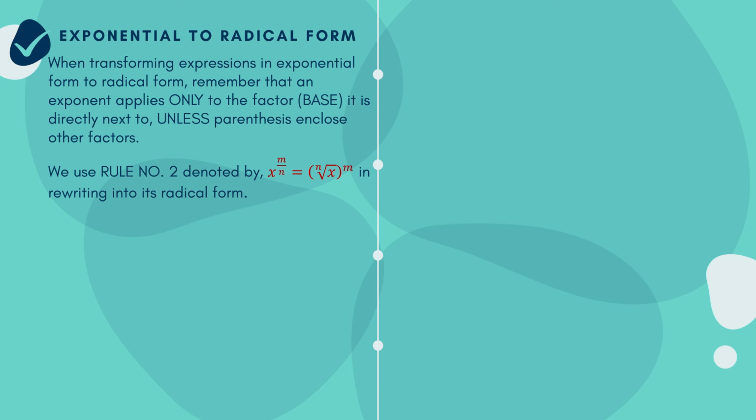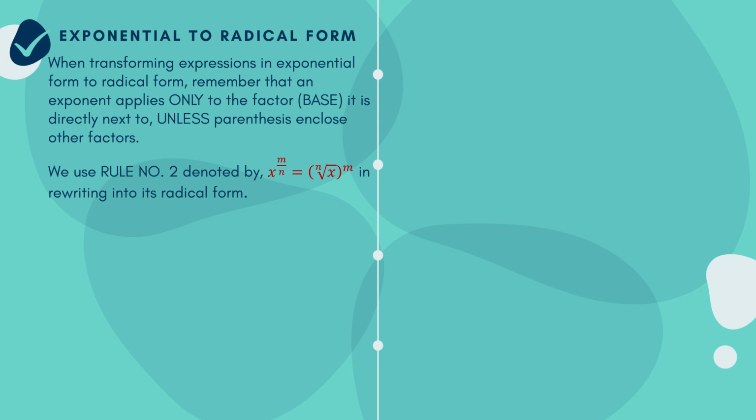When transforming expressions in exponential form to radical form, remember that an exponent applies only to the factor or the base it is directly next to, unless parentheses enclose other factors.